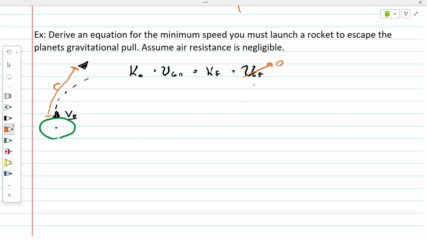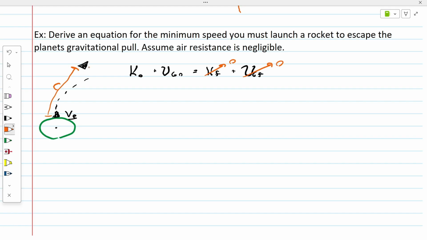But since we want the smallest velocity that does that, we don't want this rocket ship to have any other velocity, because if it did, we launched it at more than we needed to. So the kinetic energy final also has to go to zero. It escapes the planet's gravitational pull just enough to escape it, but not to have any extra kinetic energy.